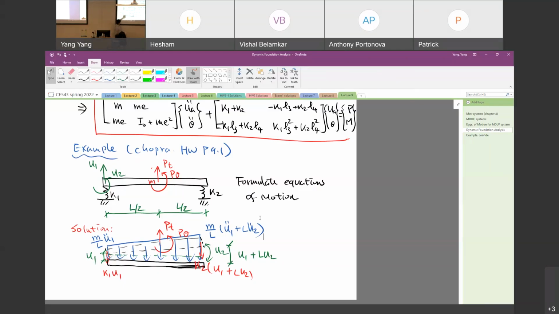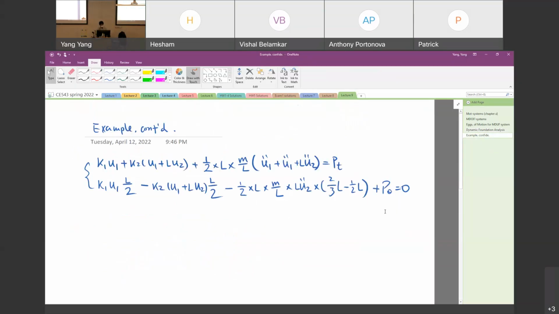For this, we only need to consider the triangle on top, because the bottom rectangle is centered at the centroid. We calculate the area of the top triangle times the moment arm. This is negative because it's clockwise, plus the rotational inertia term equal to 0. That's how we got this equation.